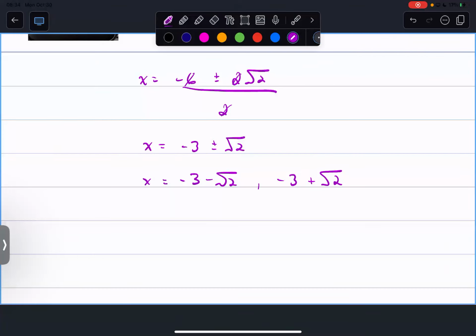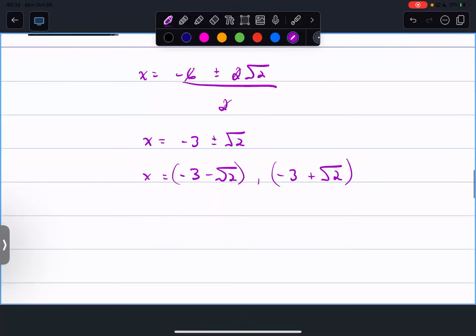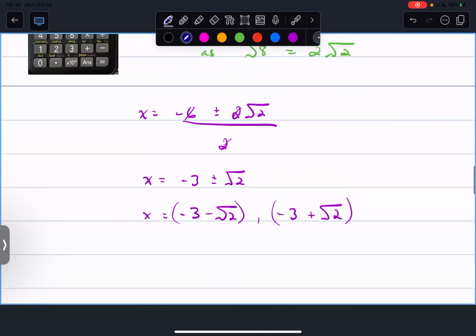Let's try that. No, it doesn't want to do anything. It's a number, so we can just wrap it up in brackets.